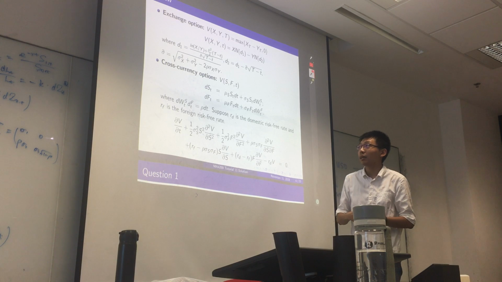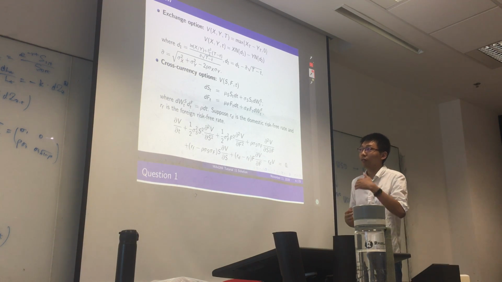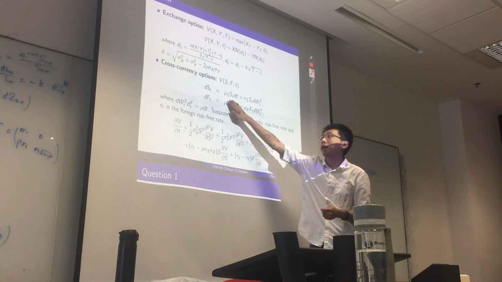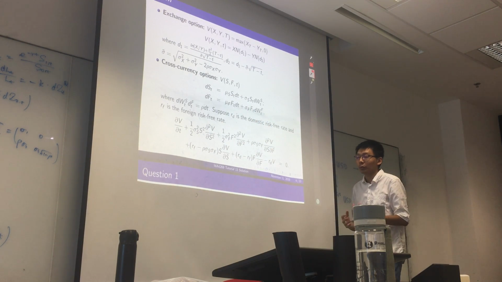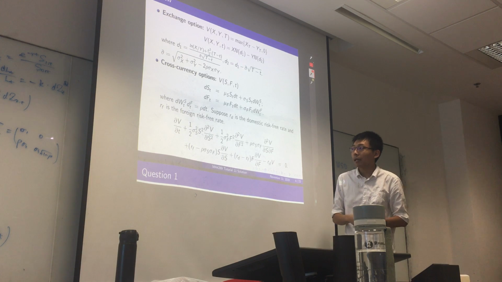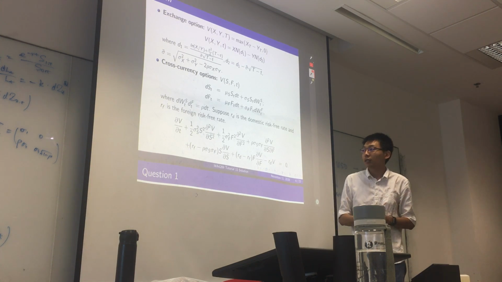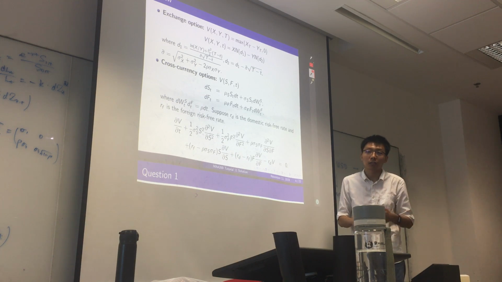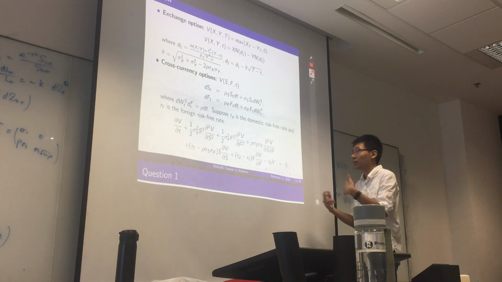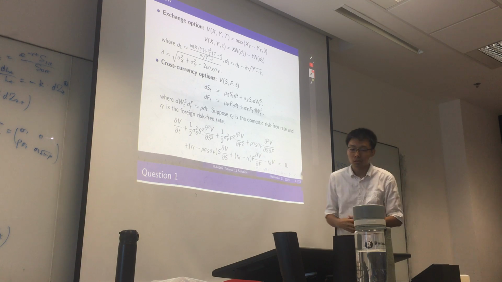In cross currency options, where we have a foreign currency and a stock in foreign currency, we can derive this PDE as we did in our lectures. But as I commented last week, this kind of Black-Scholes type PDE will always coincide with Ito's lemma once we apply it in the right way.